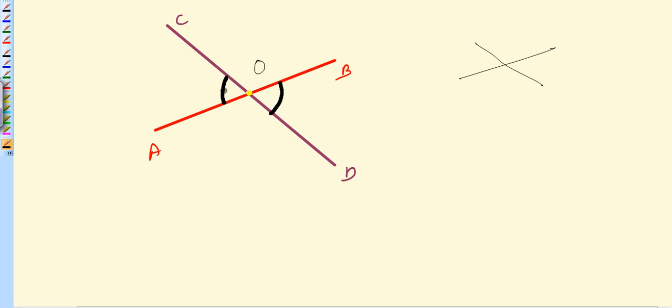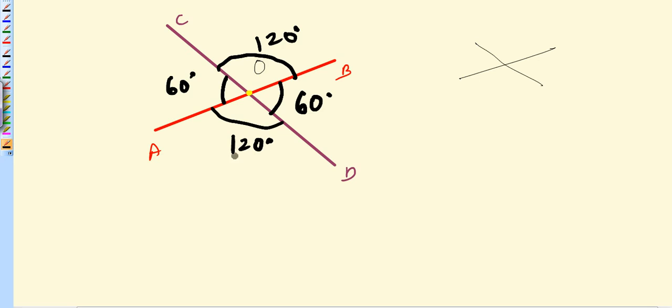These two angles are opposite to each other, and they are vertically opposite angles. If the value of this angle is 60 degrees, this will be 60 degrees, because of vertically opposite angles. If this angle is 120 degrees, this is also 120 degrees. These two will be the same.